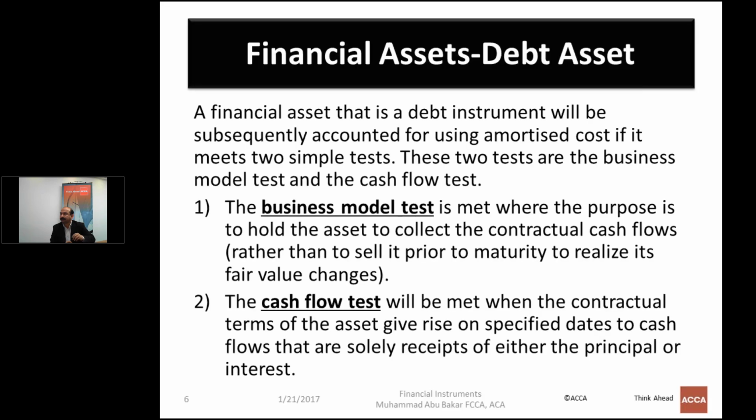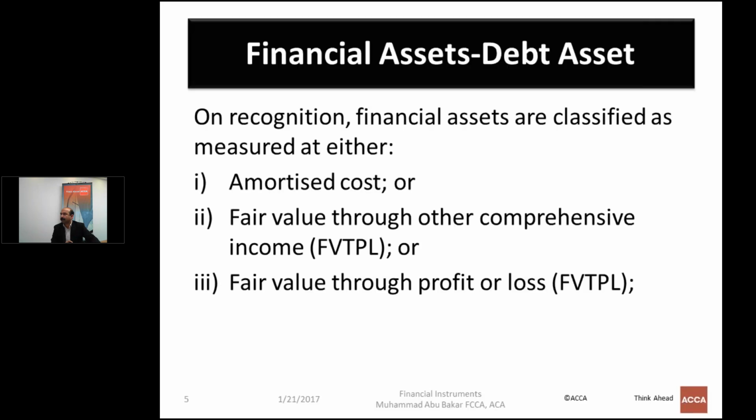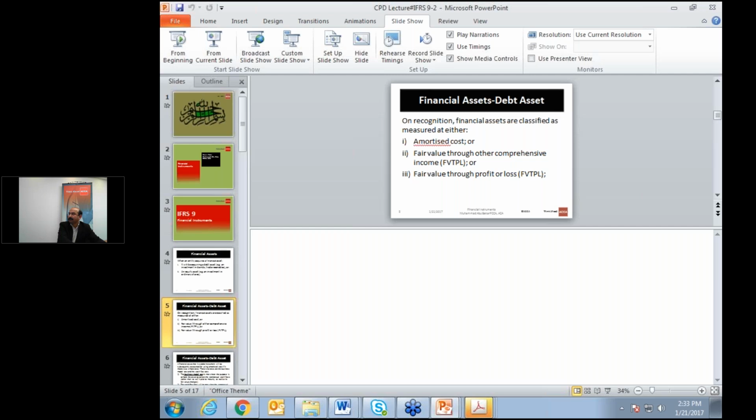So point number 2, there is a small typing error. Here, fair value through comprehensive income should be other comprehensive income. Thank you, Fateh.